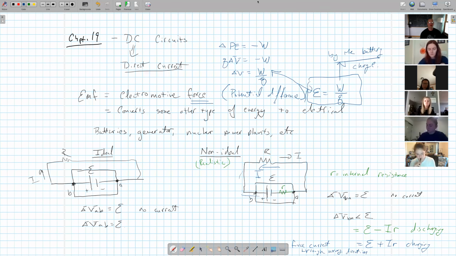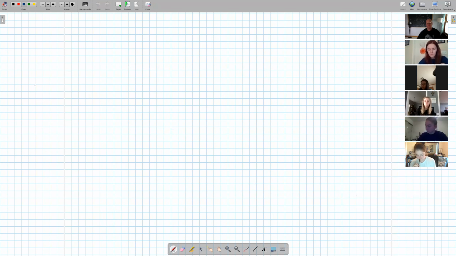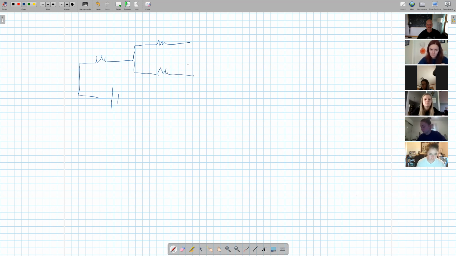Okay. So good. We're going to be looking at all kinds of crazy systems where, for example, I'll have a battery attached to a resistor, which might be attached to another resistor, which will be attached to another resistor, which will then be attached back to the battery.